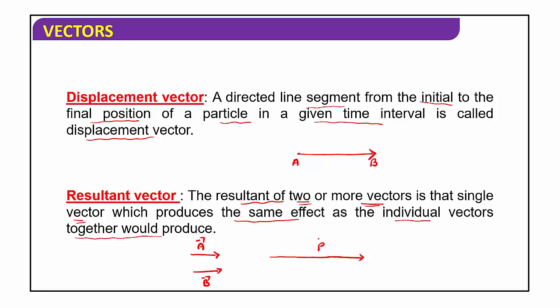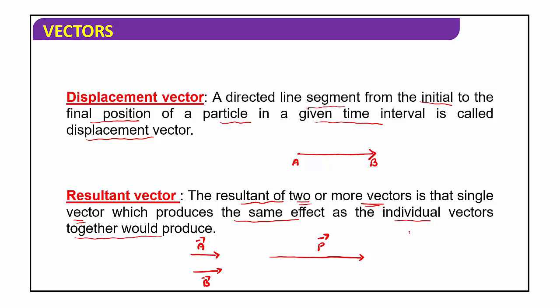Let us consider P. This vector produces the same effect as these individual vectors together would produce. When we combine these two vectors, the resultant is represented by a single vector. So we are going to call it the resultant vector.